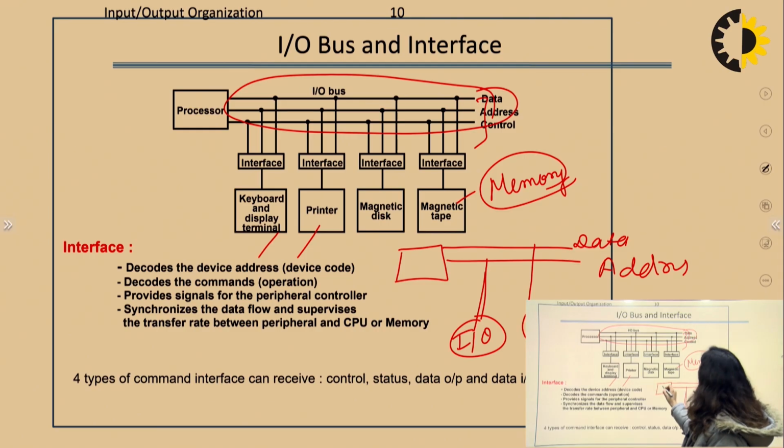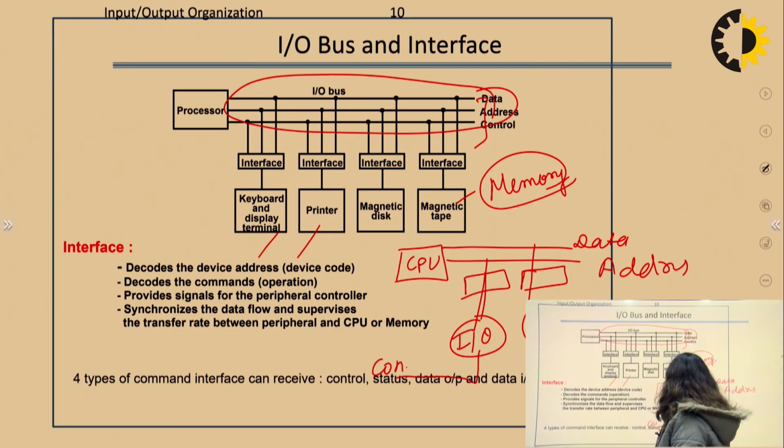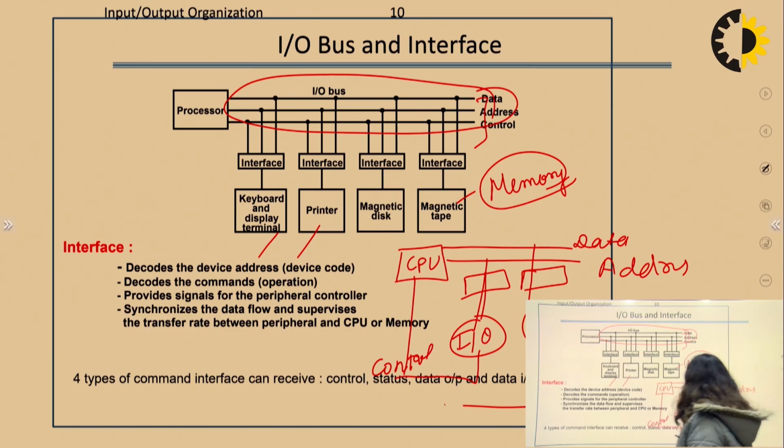They will commonly use it, with an interface in between like this. So they commonly use the data and address bus, but each has its own separate control bus, like this.